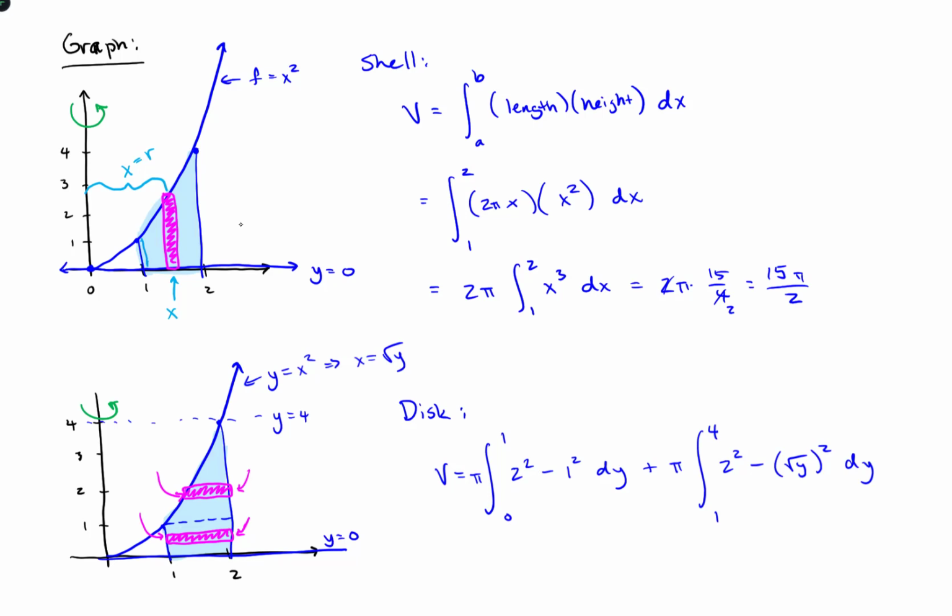So for instance, my method is start with a vertical rectangle, because usually if you have vertical rectangles, the functions are a bit easier to think about. Okay, but if the vertical rectangle leads to needing to do multiple regions, or you have to rewrite a function in terms of another variable that's not easily done, then I would go with horizontal rectangles at that point. And that's generally how I choose most of the time.